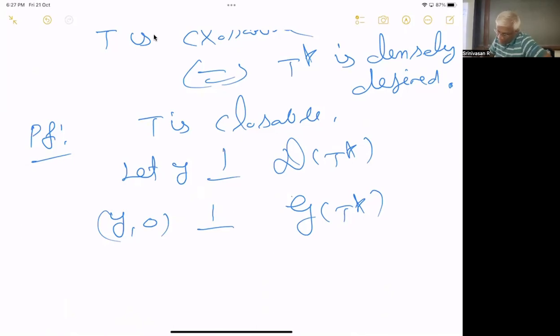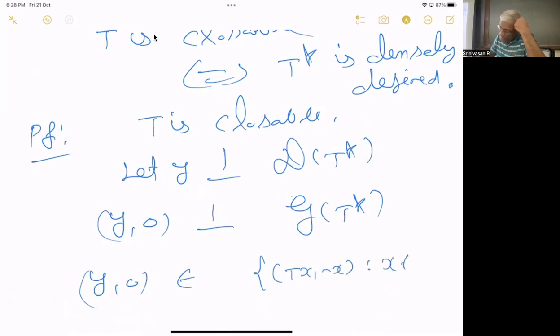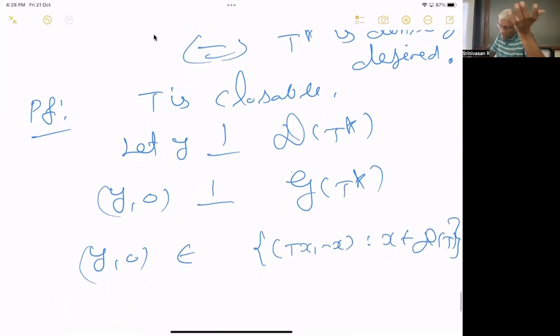But then we know that this implies (Y, 0) is in the closure of this set of (Tx, minus x), where x is in the domain of T. I mean, G of T star is the perp of this.